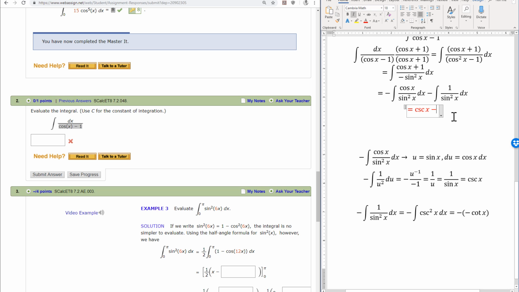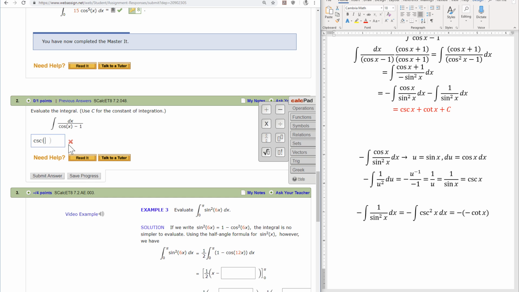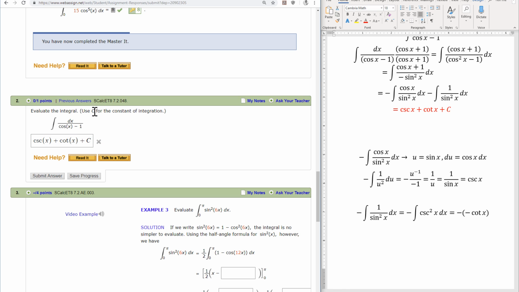So we're going to end up with a positive cotangent of x, and then we'll put the plus c. So it looks like this should be cosecant x plus cotangent x. And then don't forget the plus c that they asked for here.